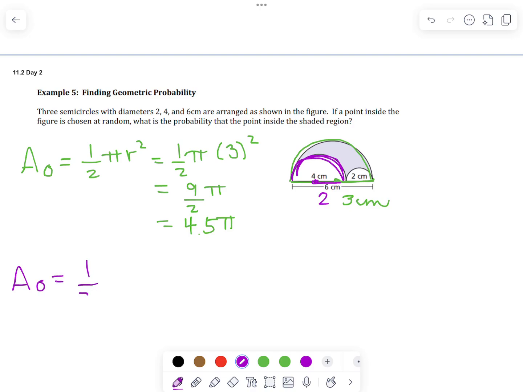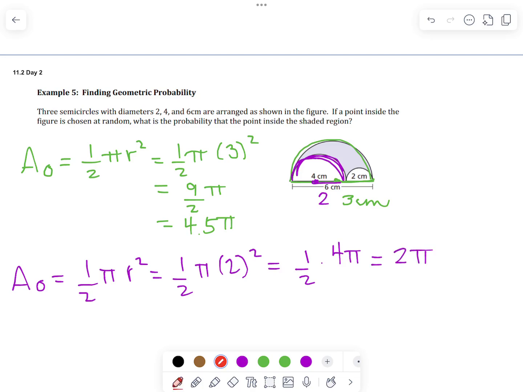So again, we're going to use the same formula, 1/2 pi r squared. So 1/2 pi times 2 squared. So 1/2 times 4 times pi is 2 pi. And then we have the smallest half circle. Same formula, 1/2 pi r squared. So 1/2 pi, and its radius is 1. So we get 1/2 pi.